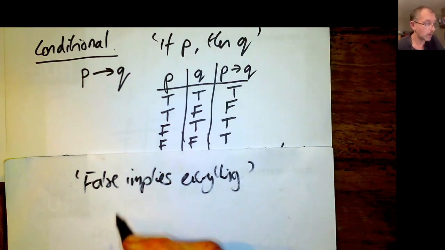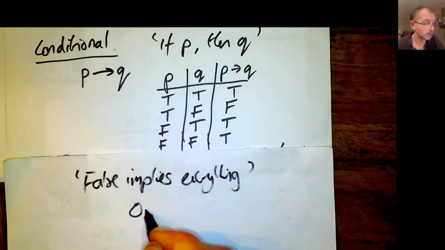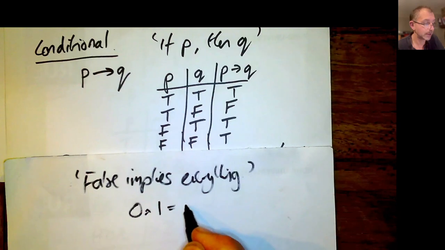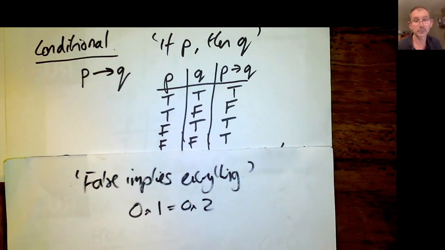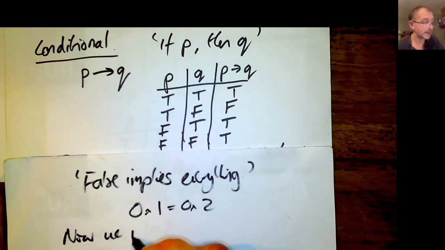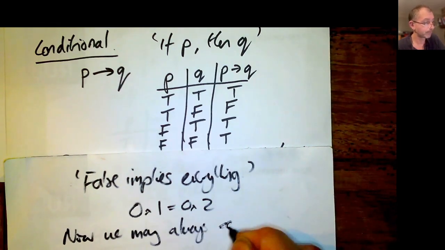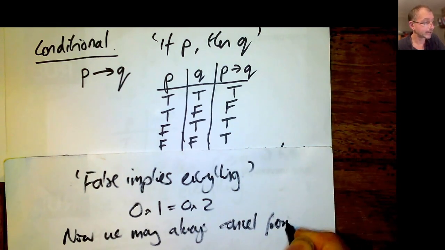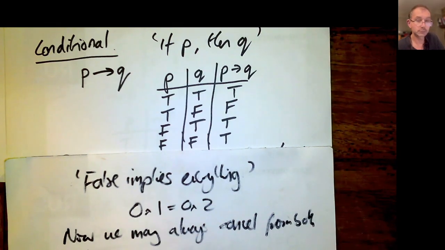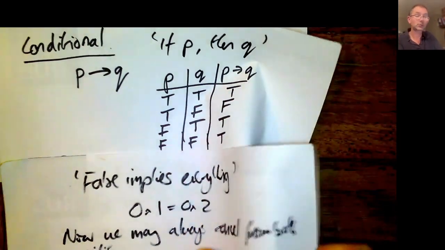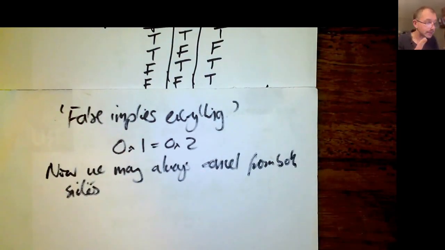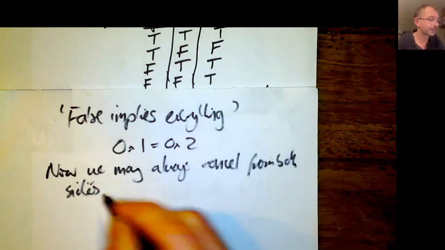Here's a sort of mathematical way to see it. You would agree, I'm sure, that 0 times 1 is the same as 0 times 2. Now, we may always cancel from both sides. That is a reasonable sounding statement.